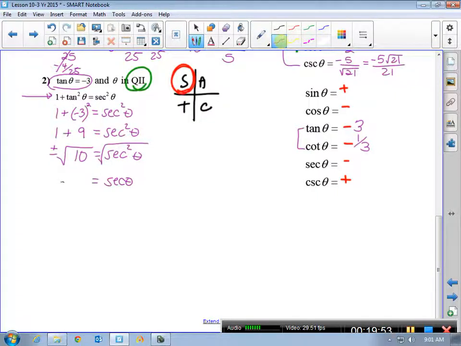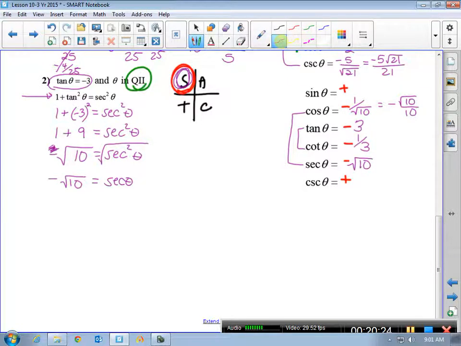Well, is it positive or is it negative? Radical 10. We are in quadrant 2, see how many times I check this, where we already know our secant is going to be negative. So the secant of theta is negative square root of 10. Cosine is its reciprocal. Do a quick rationalize.